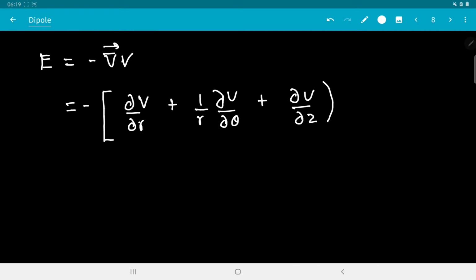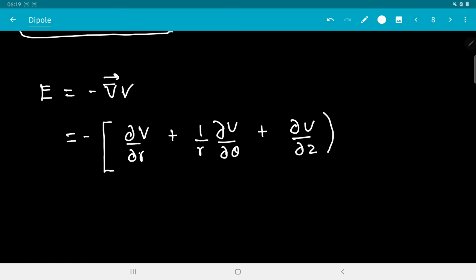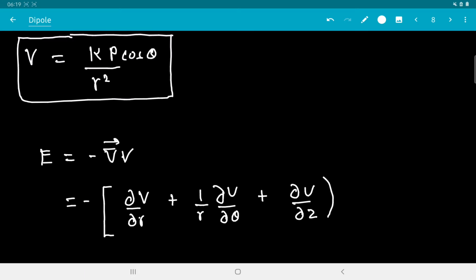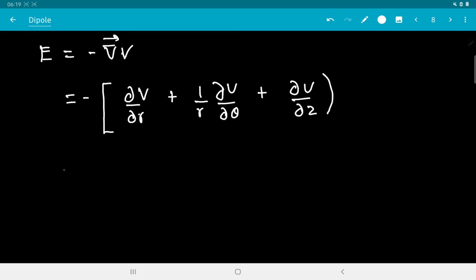Okay, let us put the values here. We have kp cos theta by r squared. So in the first term, cos theta can be taken outside. kp will be constant in each and every term, so let us take it outside. We'll have del by del r.